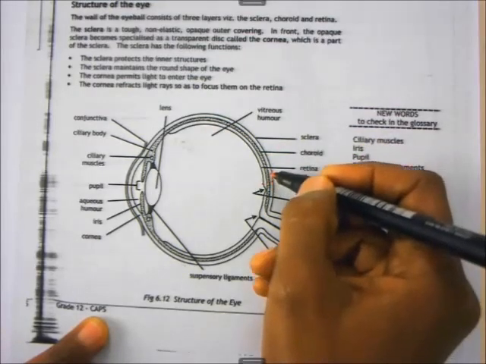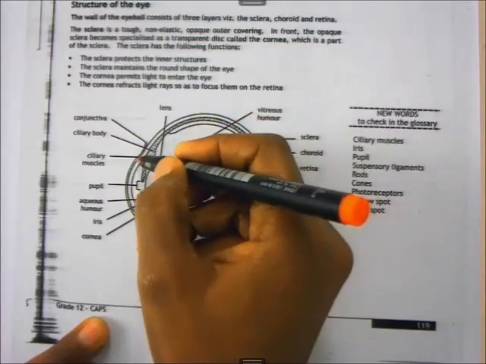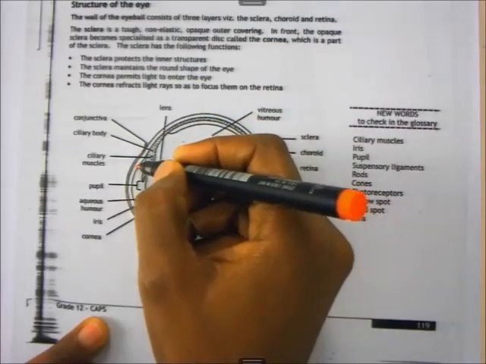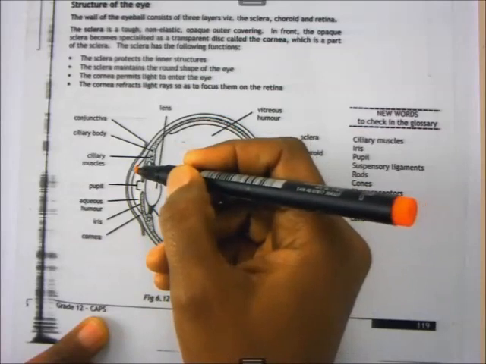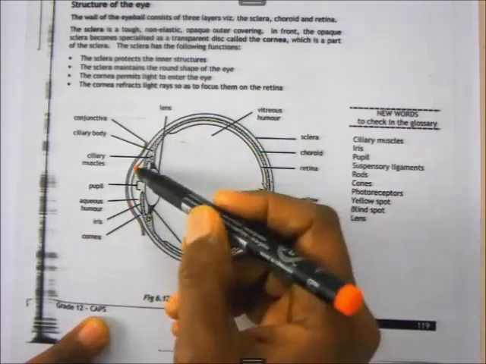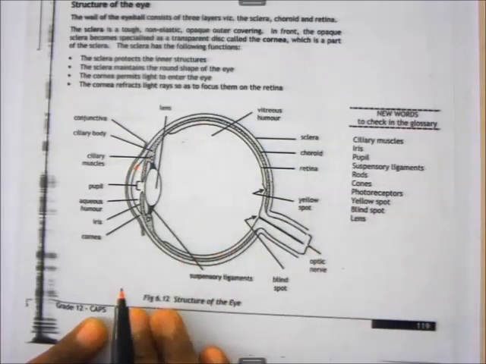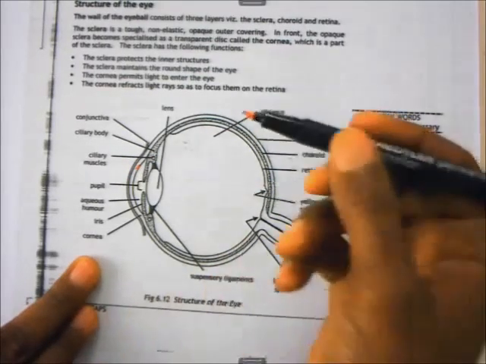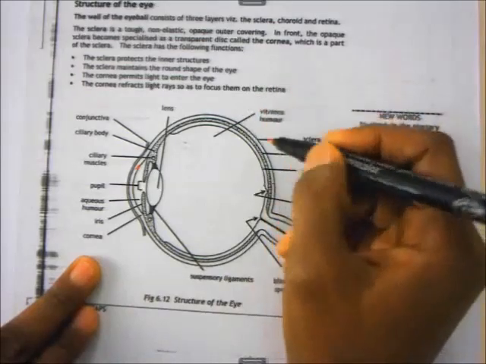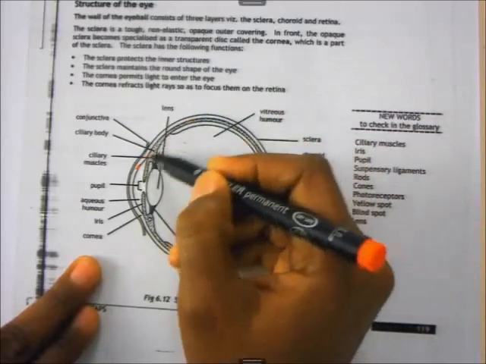So now this sclera continues to the front. In front here, it forms a part which is called the cornea. So the continuation of the sclera is the cornea. So now I'll talk about the functions of the sclera. And then from there, I will go straight to the cornea.